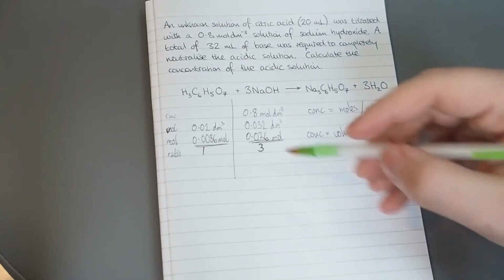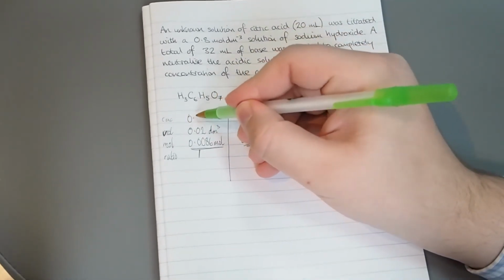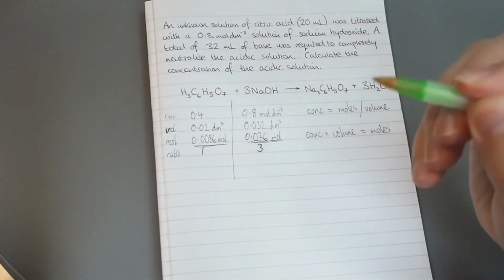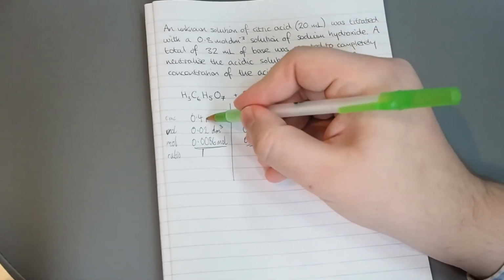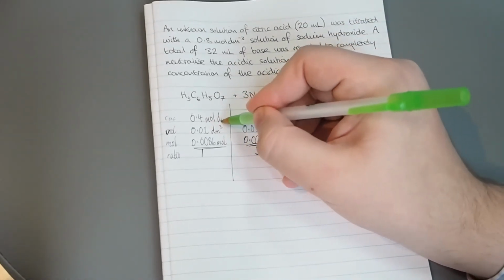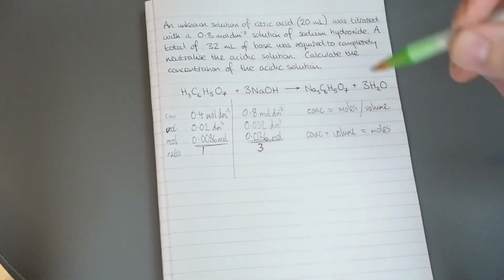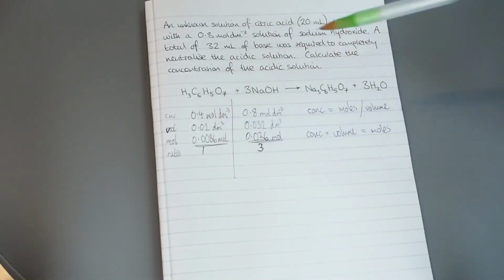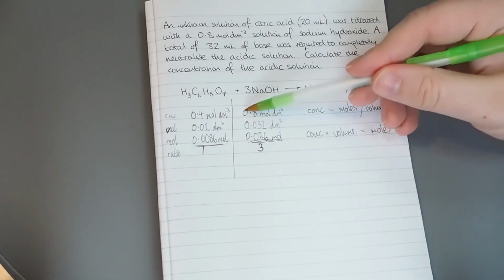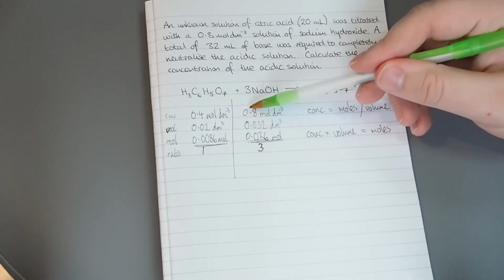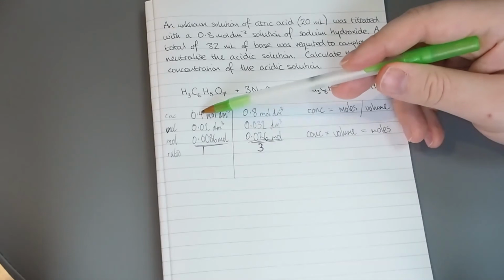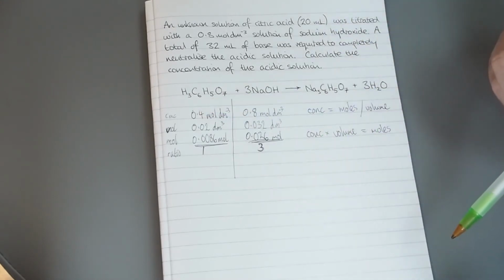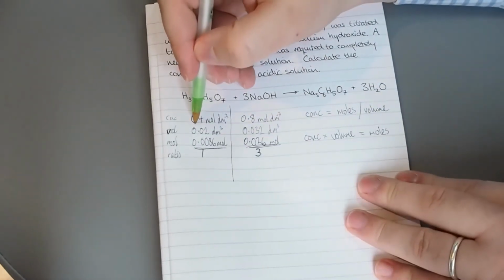And we'll end up with 0.4 moles per decimeter cubed. Now there's a little point to remember, that actually you'll have a whole load of decimals off the end of this. But our significant figures are only to one significant figure. So we don't want to report our concentration as more than that. And so there we have it.